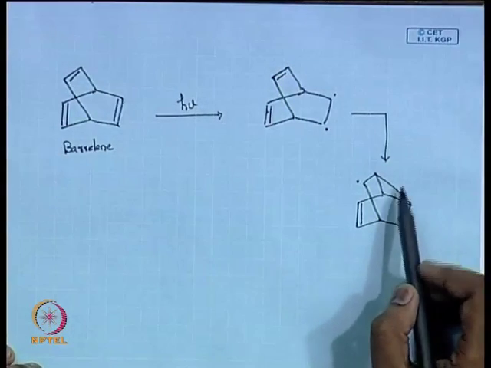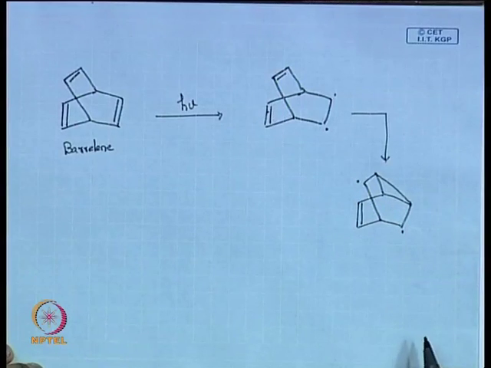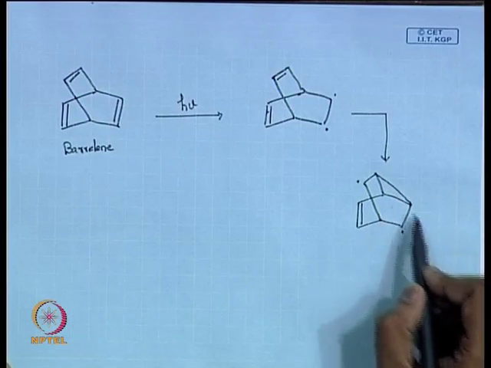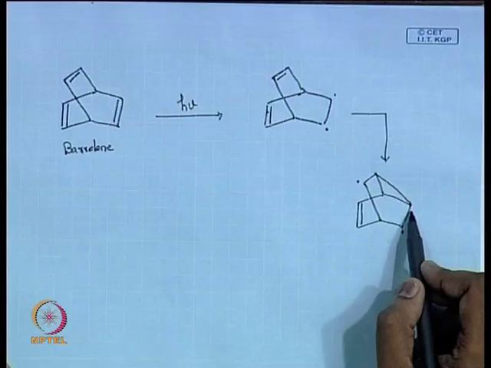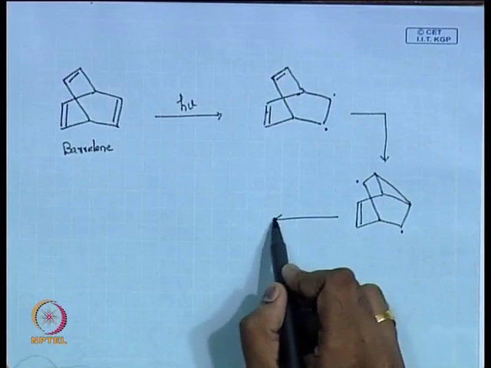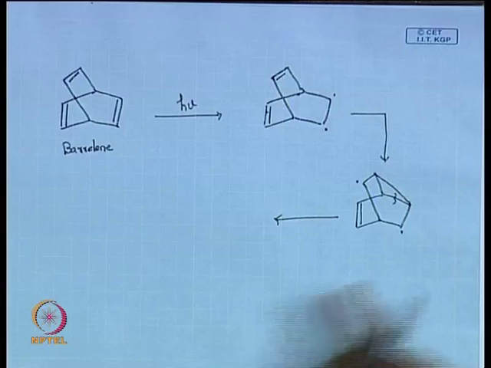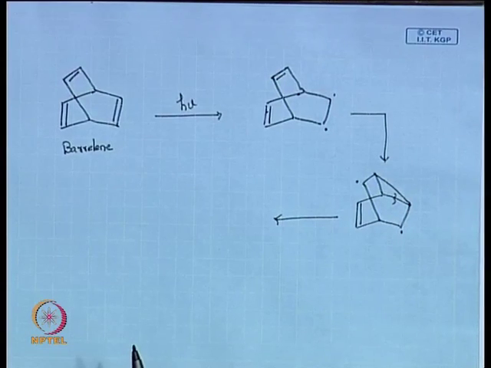If I break this, yes, I will get back to this one. Okay. If I break this one, I always have a nice system to make my alkene back, right? If I break this one, for example, I will get a radical at this position, which is again a stable type of radical. Yeah.